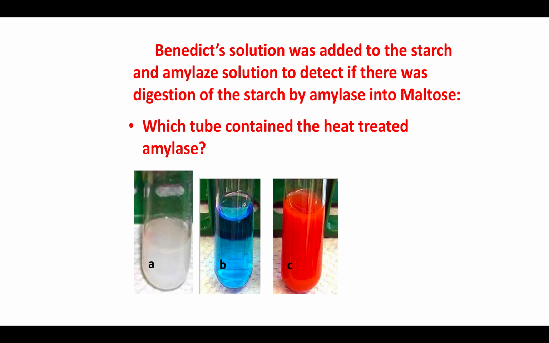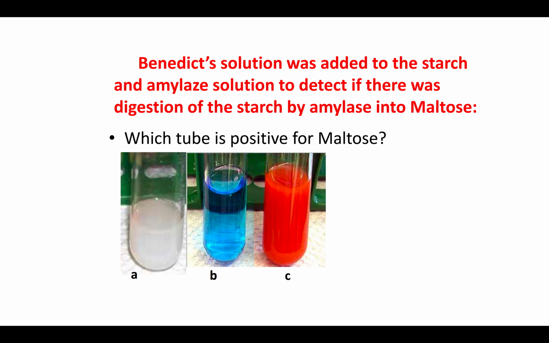Okay, so what I want you to know from this lab is that we check for the products of an experiment by adding reagents. And these reagents change color according to the presence of the product. In this case, the product that we are looking for is maltose. If maltose is present, it means the starch was digested.